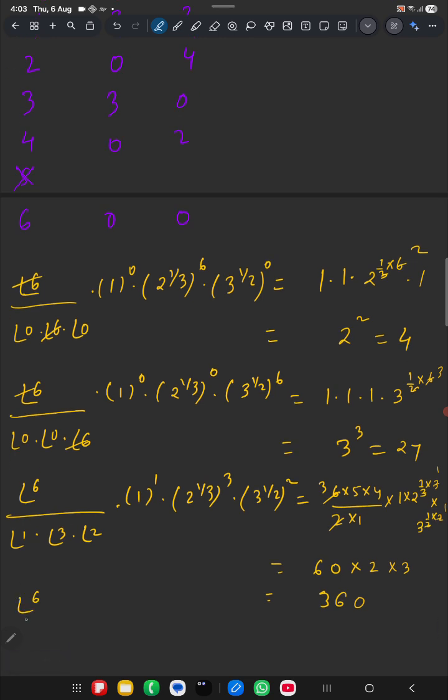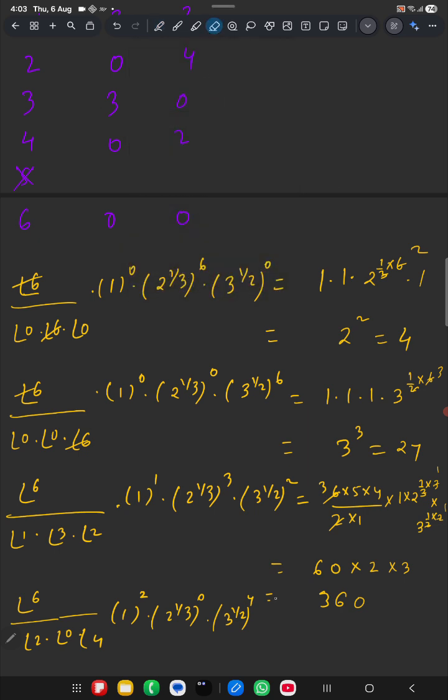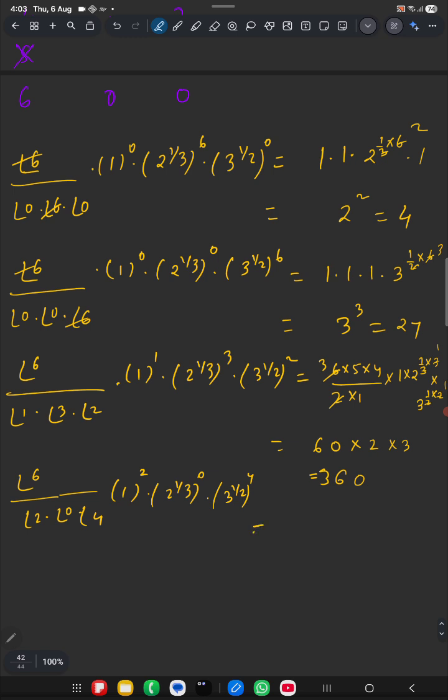This will give you factorial 6 divided by factorial 2 into factorial 0 into factorial 4, into 1 power 2, 2 1 by 3 power 0, into 3 1 by 2 power 4. So what will be the answer for this?